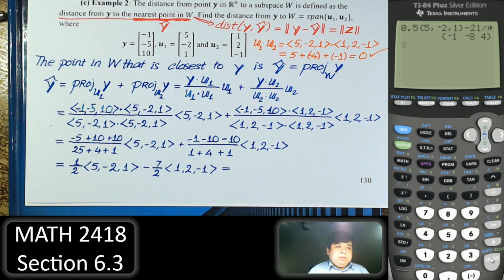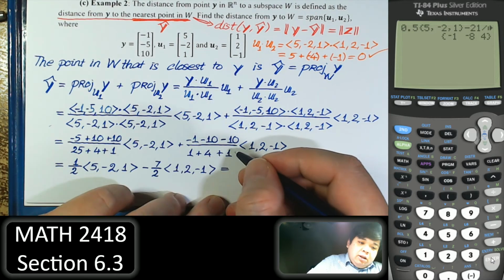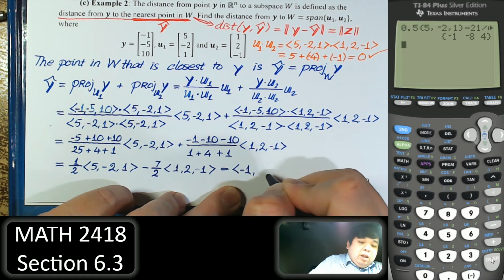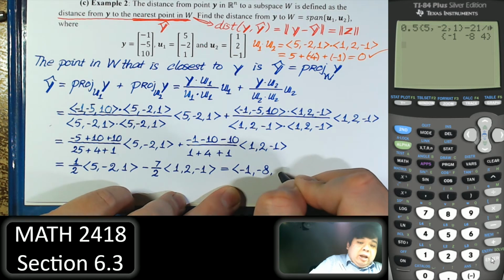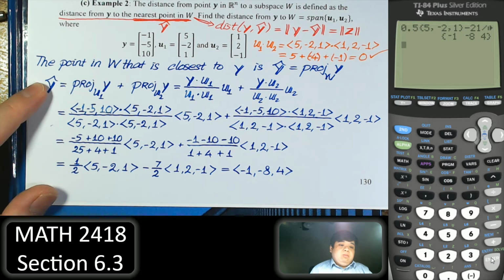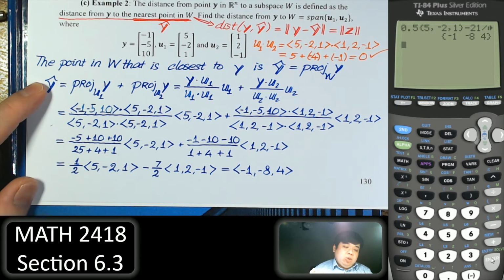Right. We have negative 1, negative 8, and 4. Right, so that is y hat, which is the point in W that is closest to y.